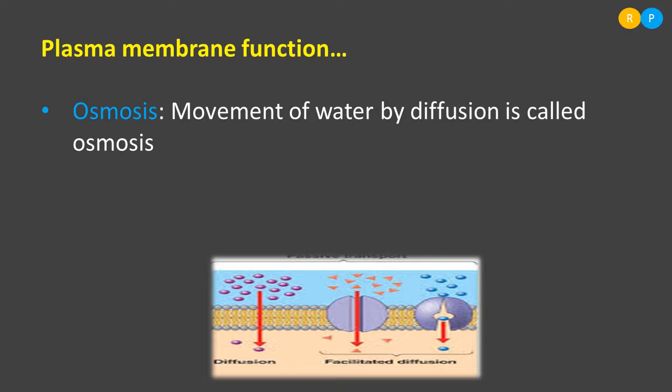Water diffuses from higher concentration to lower concentration, and this is called osmosis. Osmosis is the movement of water molecules from higher concentration to lower concentration. It is also a passive transport, because there is no energy expenditure. There is no need of energy to cause the movement of water from higher to lower concentration region.